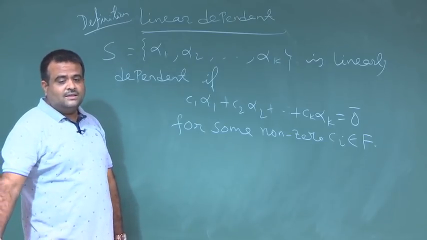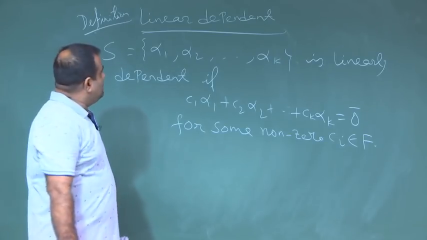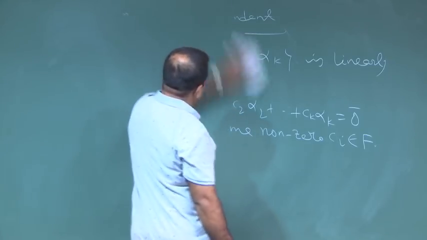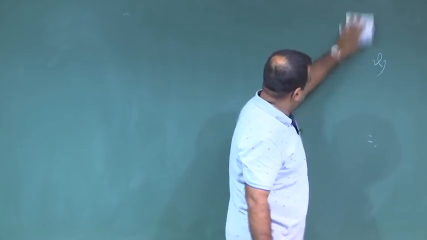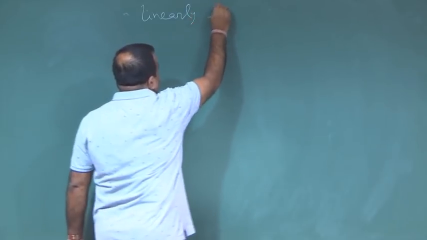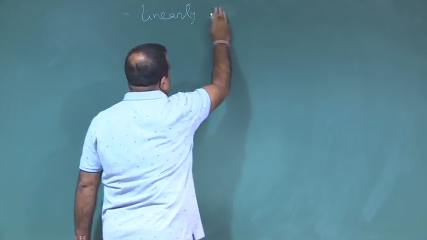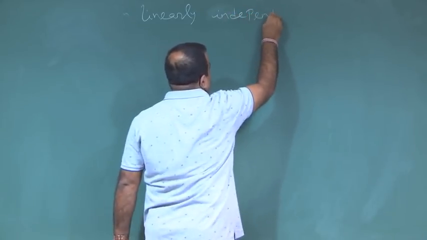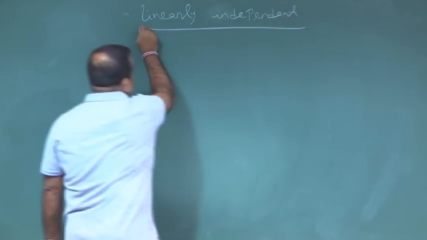Then we say this set is a linearly independent set. So, similarly, this is the definition of a linearly independent set of vectors.